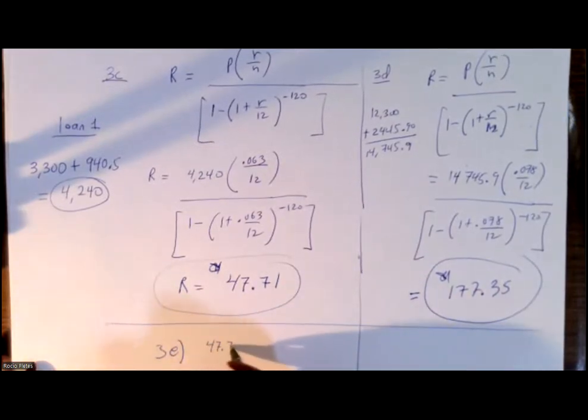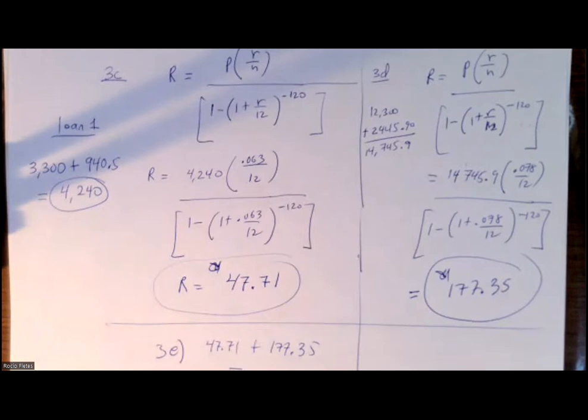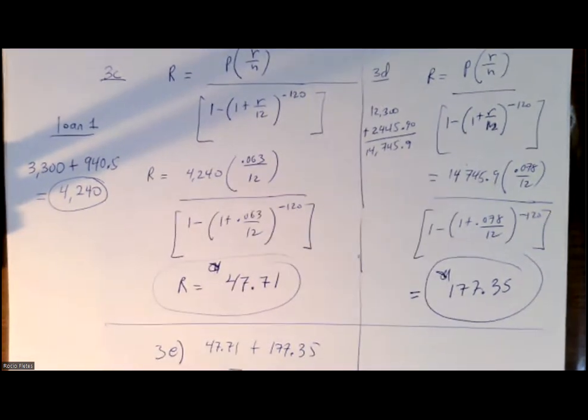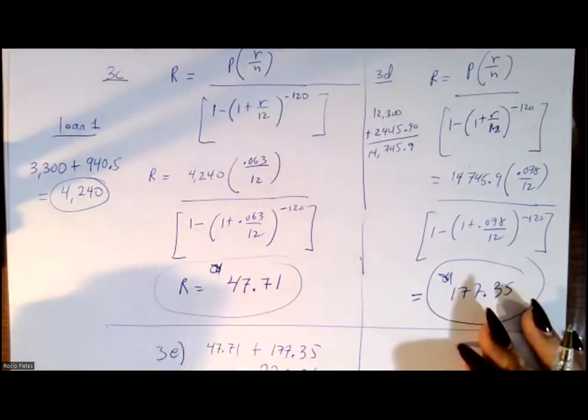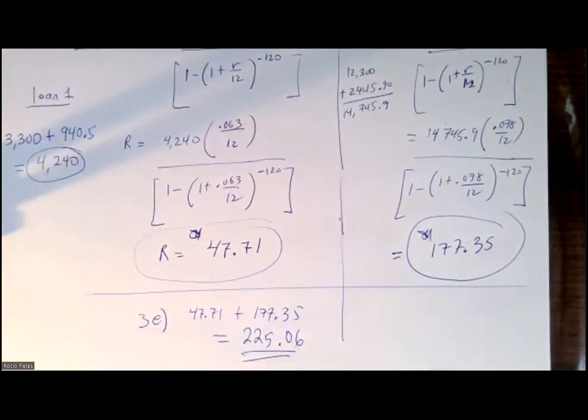So we add the 47.71 plus the 177.35, gives us a monthly payment of, let me add the two. 47.71 plus 177.35, 225.06 for both loans, right? That's the total. And just double checking my numbers, 47.71 plus 177.35.